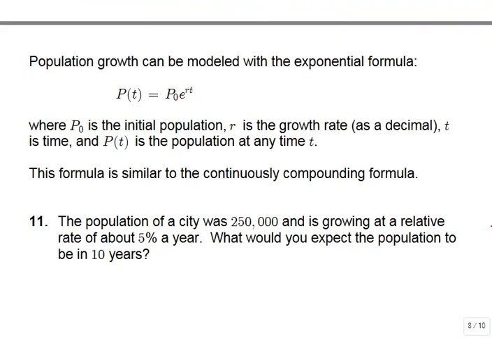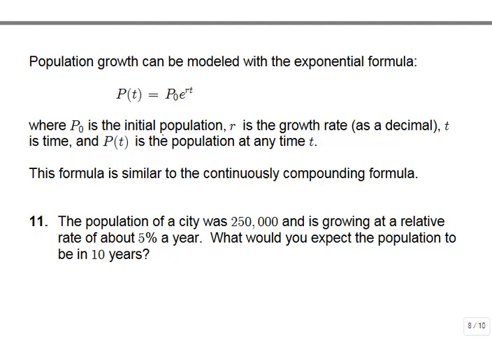All right. Switching gears to another common type of application problem involving exponential functions is population growth. Population growth can be modeled with the exponential formula P of t equals P sub 0 times e to the rt. So this looks very similar to that PERT formula because you have that P e to the rt.